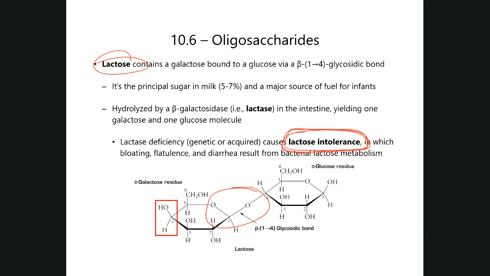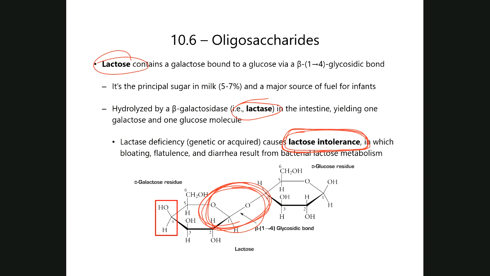And what happens is that they're either born with a genetic deficiency in the enzyme. It's a genetic disease, well, it's not really a disease, it's just a disorder. The person cannot ingest milk products because they do not have the beta galactosidase that is responsible for breaking down the lactose.